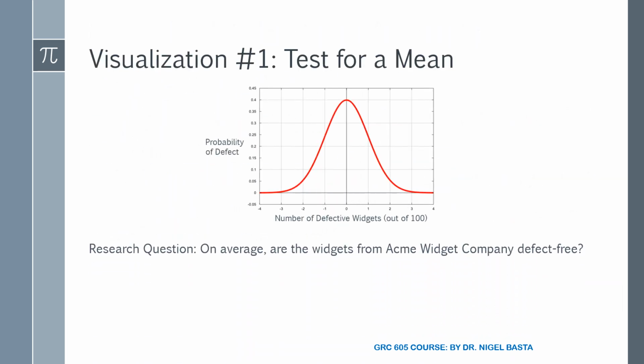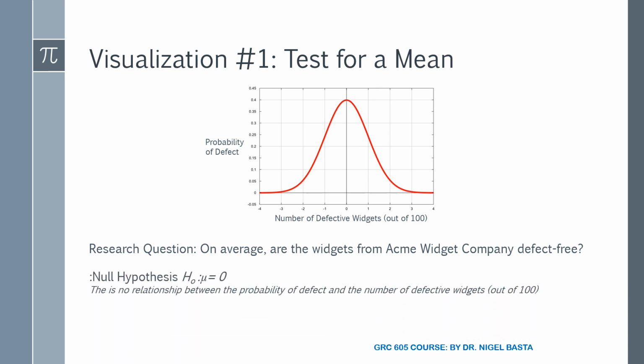Our research question here is, are widgets from Acme Widget Company defect-free? Based on our definition of null hypothesis, we will have to predict that there is no correlation between the probability of defect, represented on the y-axis, and the number of defective widgets, represented on the x-axis.